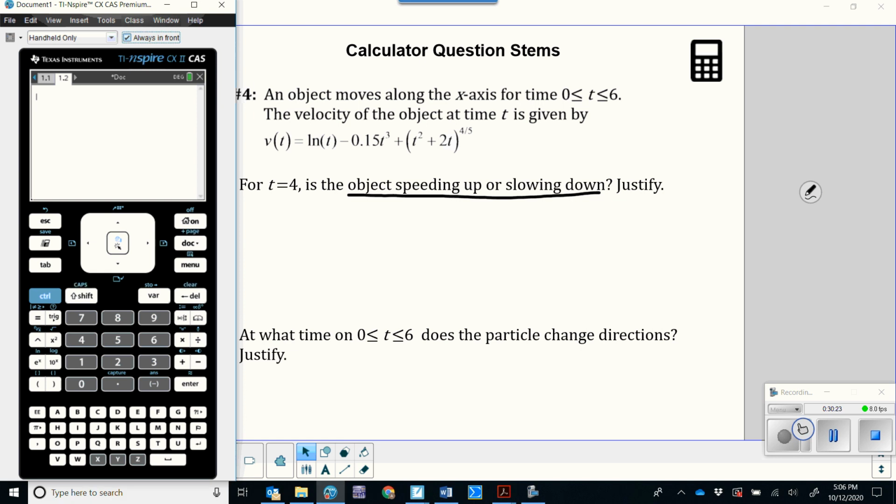Okay, so we're going to type it in. So we're going to do the ln, and then remember, just always use x, way safer, because then if you need to graph it or anything, you're good. So ln of x minus 0.15 x cubed, and then plus, and do your parentheses, make sure you enter everything correctly, and get all of your equation entered.